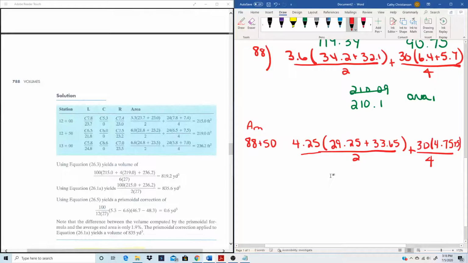Alright, so I'm going to go up and we're going to solve this one. Okay, then we'll solve for the other.